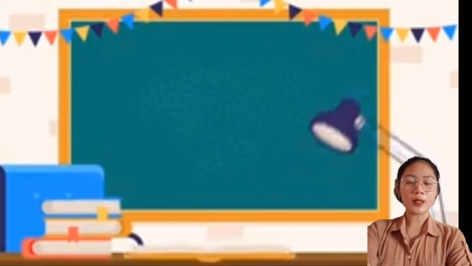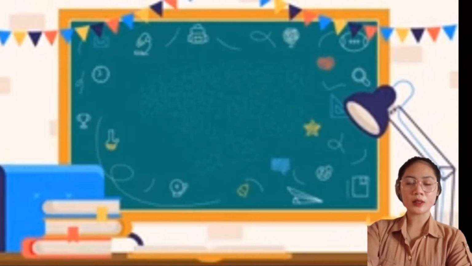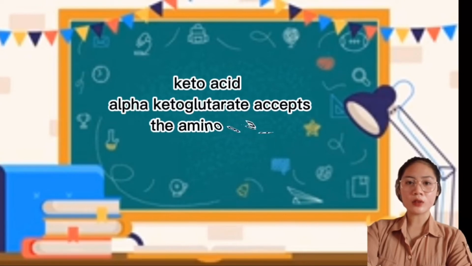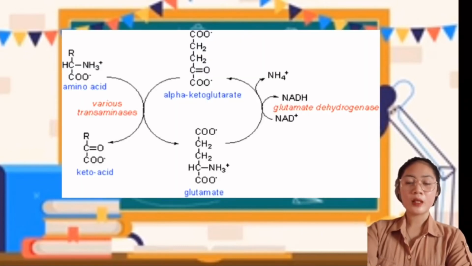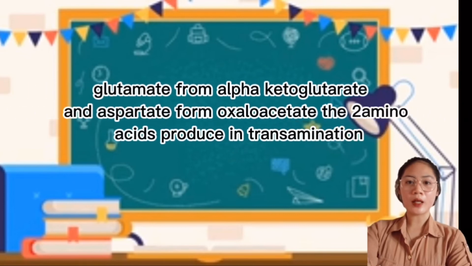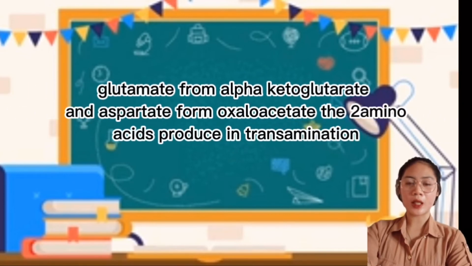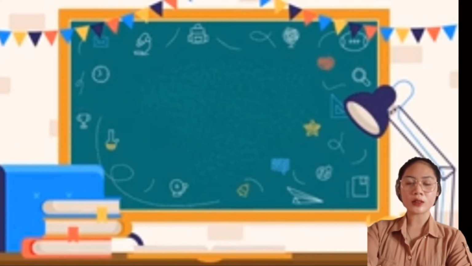Glutamate production via transamination is the most important transamination reaction in protein metabolism in terms of frequency of occurrence. It is the one in which the keto acid alpha-ketoglutarate accepts the amino group, and to a lesser extent oxaloacetate. Thus, glutamate from alpha-ketoglutarate and aspartate from oxaloacetate are the two amino acids produced in transamination reactions.